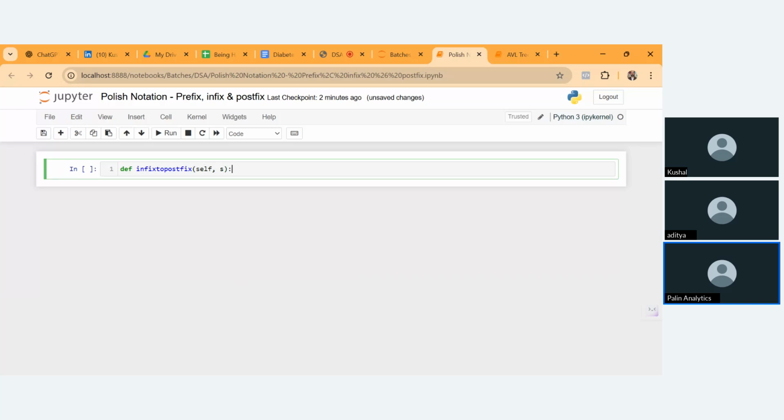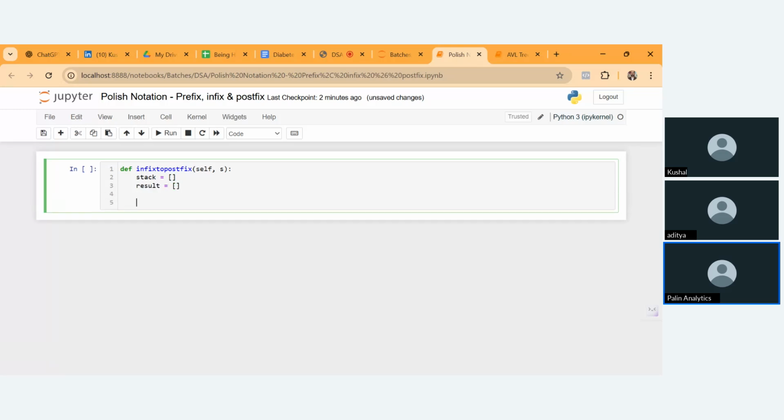Here we have to initiate two arrays. One array is for a stack, and another array we'll take for the result, right?